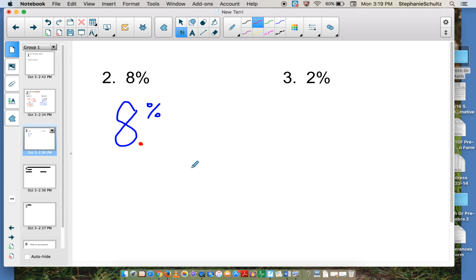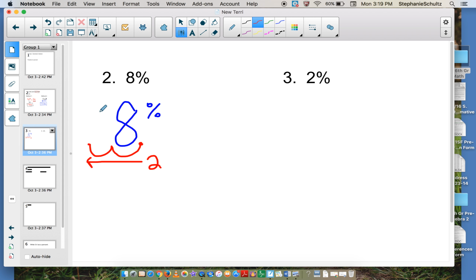Does anyone remember how many spots we have to move it over? Remember, we're dividing by 100 because percent is out of 100, which moves that decimal spot 2 places to the left. Don't forget, it's not 1 spot, it's 2 spots. So I'm going to move it 1, 2. Uh-oh. There's a problem. There's no number here.